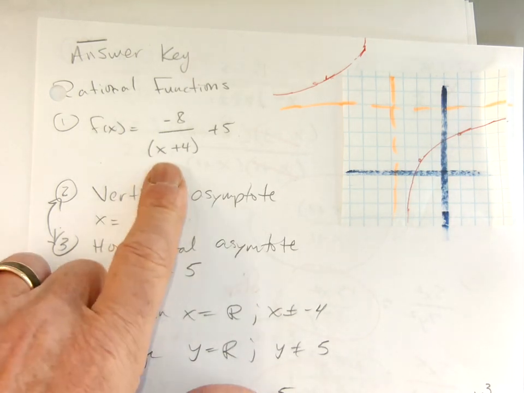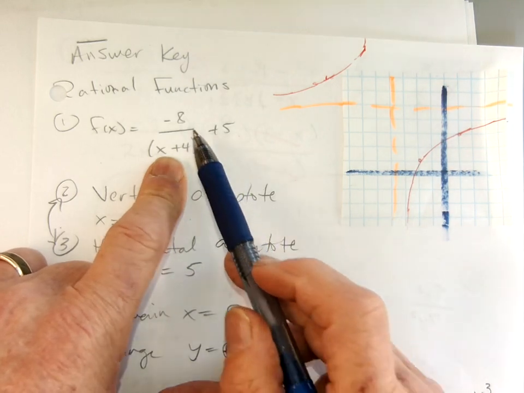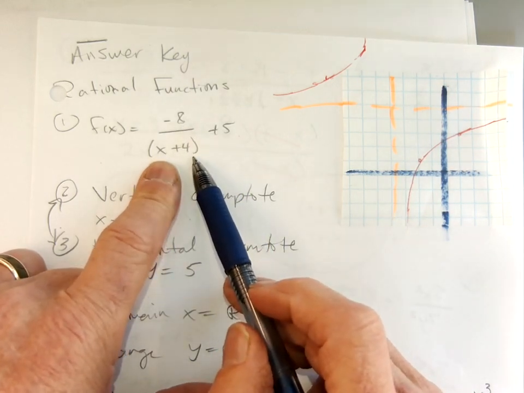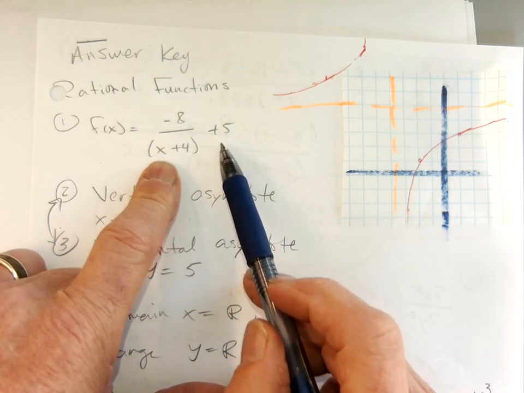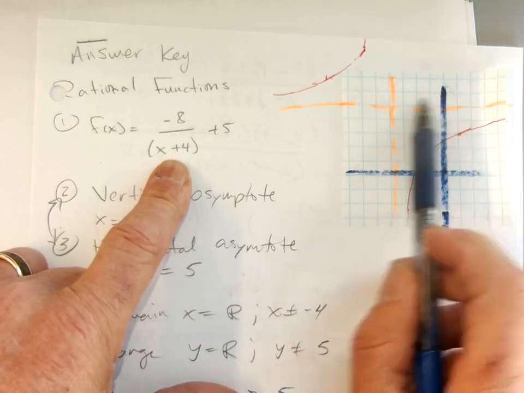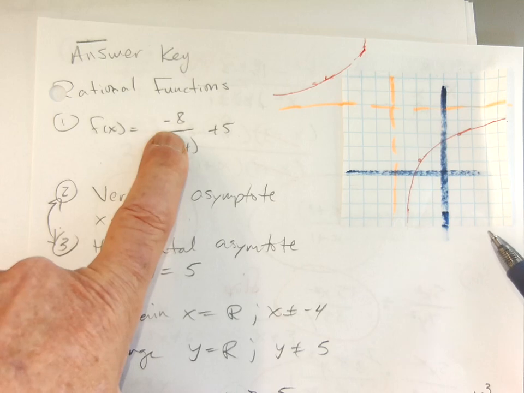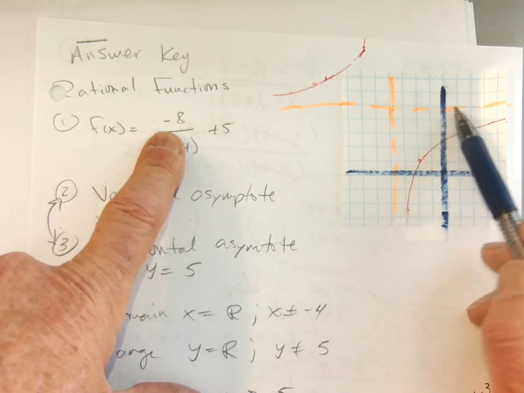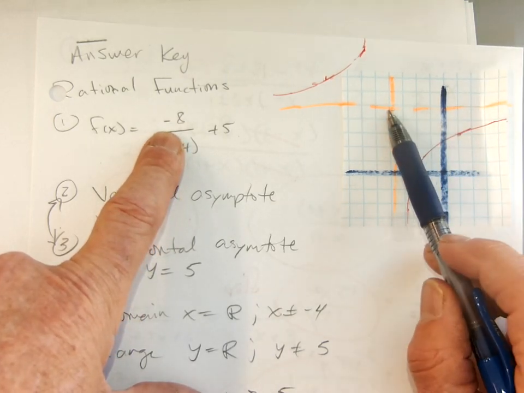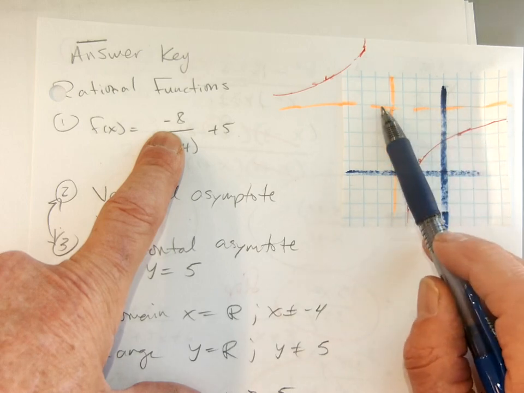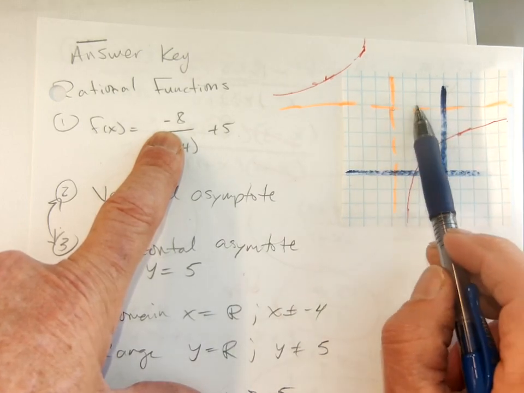So here's our review. The first one I had to graph was f(x) equals -8 over x minus 4 plus 5. So I know my asymptotes are at 4 and 5, okay? I know I want multiples of -8, so it's going to be 8 and -1, or 4 and -2, or 2 and -4, and the same thing on the other side.